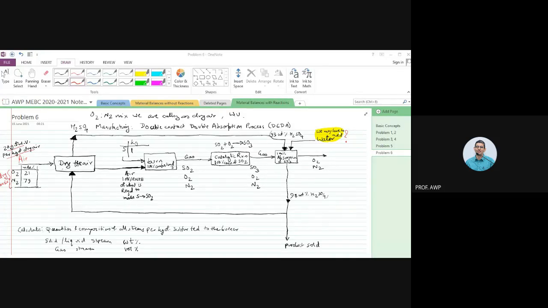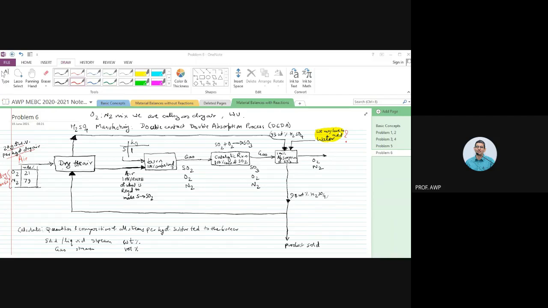Any questions? Sir, in the absorption of SO3, is there a reaction happening or is it just absorption? It is a reaction. SO3 is getting reacted with water to give you H2SO4. Whether you call it absorption or reaction, finally SO3 is coming in and H2SO4 is being produced.